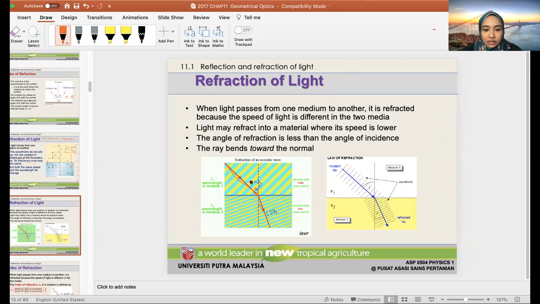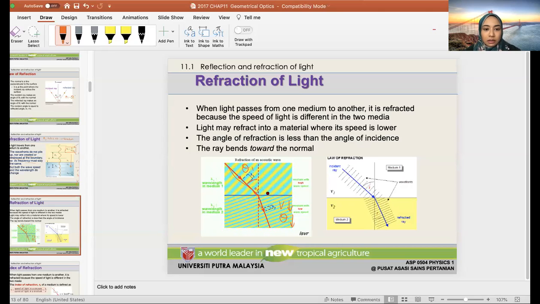When light passes from one medium to another, it is refracted because the speed of light is different. So first, I started with my incident, theta 1. As I told you before, if my speed decreases, my theta also decreases. When light travels in a different medium, frequency stays the same, but everything else changes. So here, the speed changes, theta changes. The angle of refraction is less than the angle of incidence.